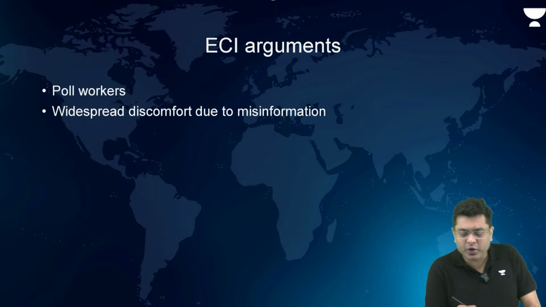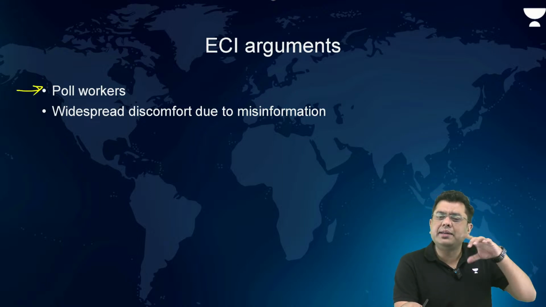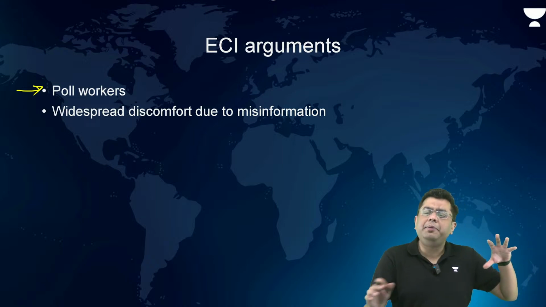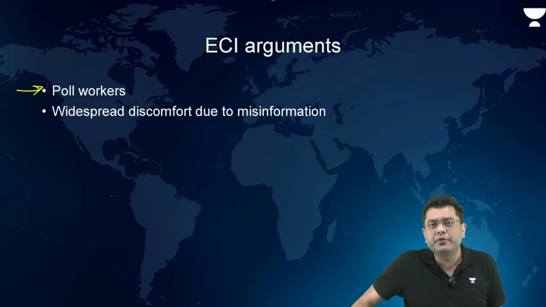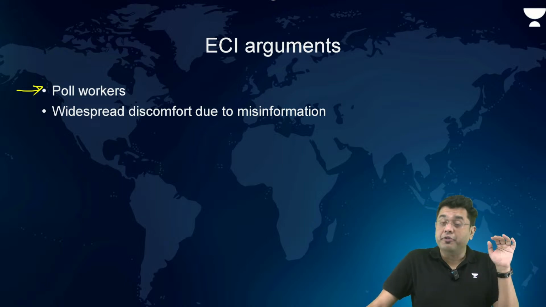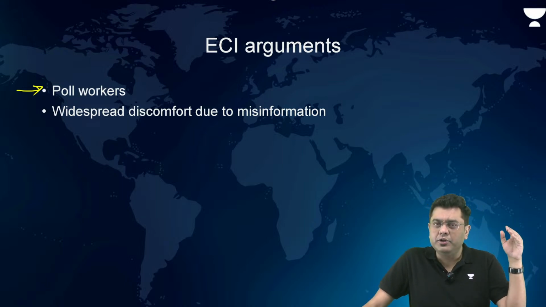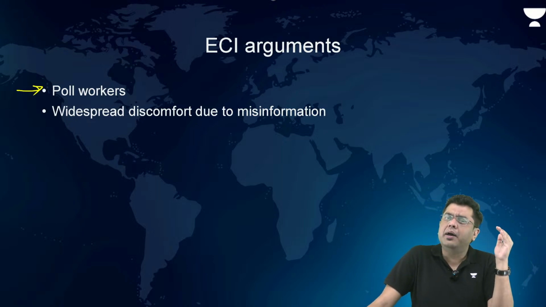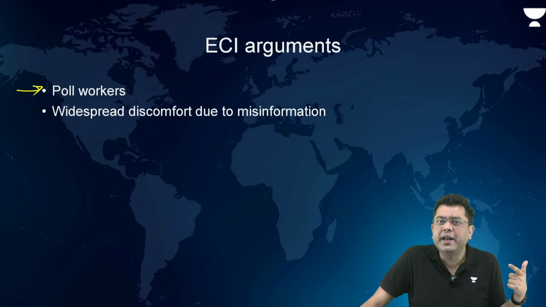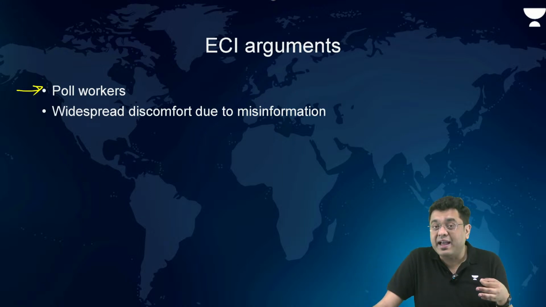The Election Commission is arguing that, look, for an electoral process like the Lok Sabha, we end up deploying tens of thousands and lakhs of poll workers. Now, not every poll worker who is assigned a particular role at a polling station is educated to the same extent, and not all of them are that tech savvy.